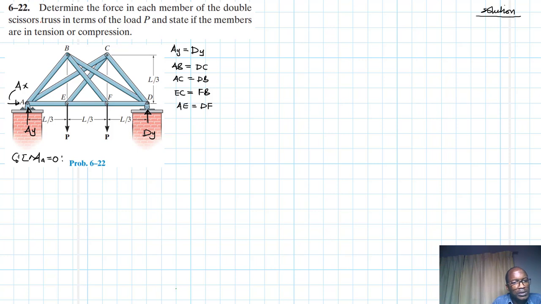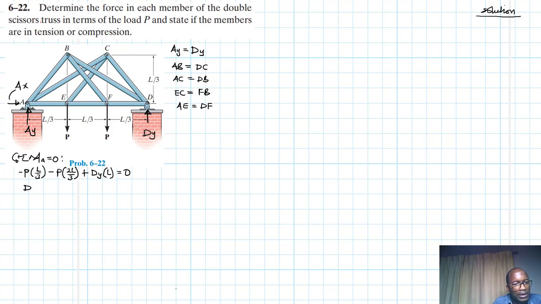Right. So what do we have? We have a minus P times, this is a minus moment clockwise, by L over 3. Then we have another negative moment due to P. This one is 2L over 3. Then plus DY by L over 3 by 3, that is just L, equal to 0.